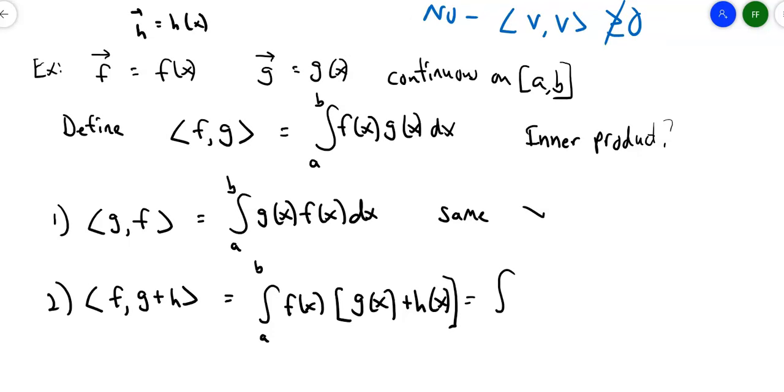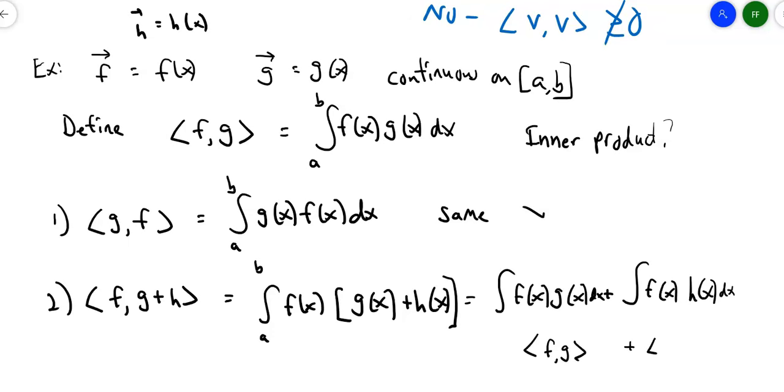That is the integral of f of x times g of x plus the integral of f of x times h of x. This first one here is the inner product of f and g. This one here is the inner product of f and h. So does the inner product of f and g plus h equal the inner product of f and g plus the inner product of f and h? Yes, it does.